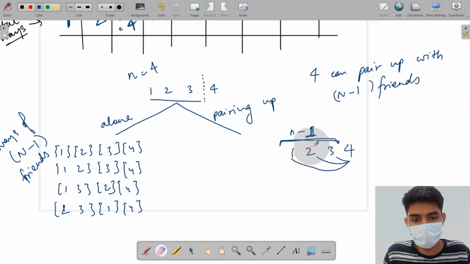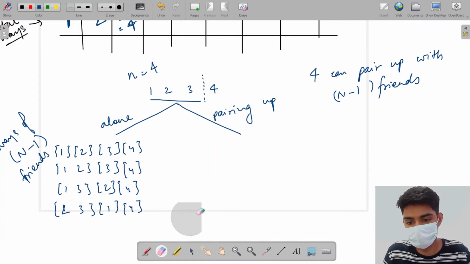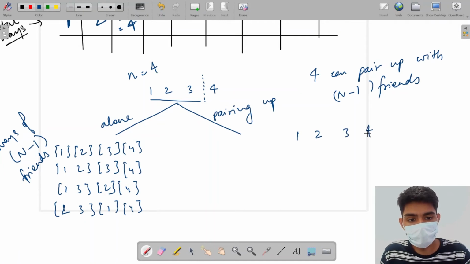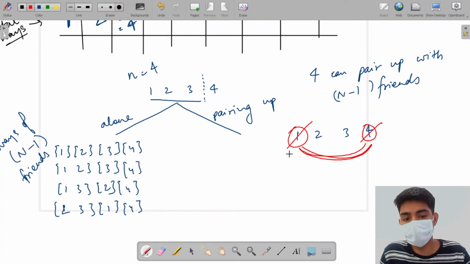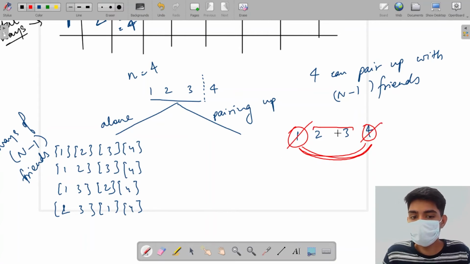So let's see what will happen if 4 pairs up with someone. Let's say we have 1, 2, 3, and 4, and 4 pairs up with 1. Okay, 4 pairs up with 1. If 4 and 1 are paired up, we would have 2 and 3 left, right? So what will happen for 2 and 3?